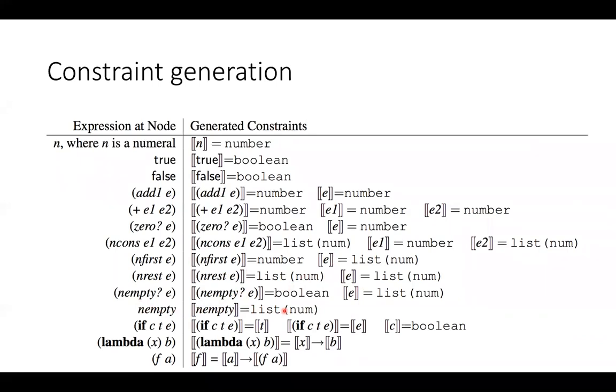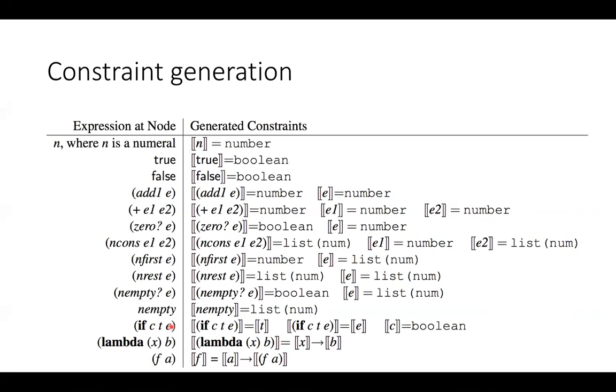All right, but let's look at the if statement here. The if statement is a little bit interesting. If C T E, where C is the condition, T is the true branch, and E is the false branch. Take a look at this and tell me what is going on with the constraints that the if statement generates.